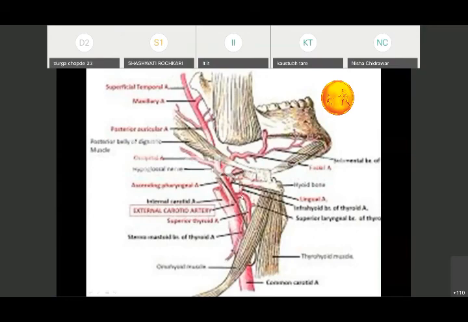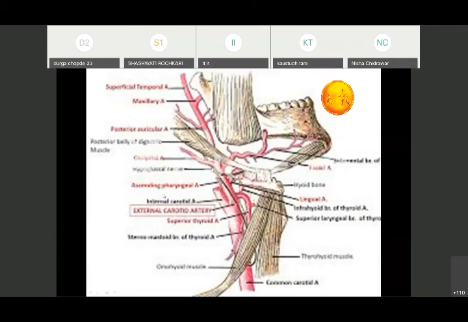So we'll see here in this figure. This is the superior thyroid artery. This will be the lingual artery. This tortuous one will be the facial artery, which is going to the angle and lower border of the mandible. This is the occipital artery. This one is the posterior auricular artery.